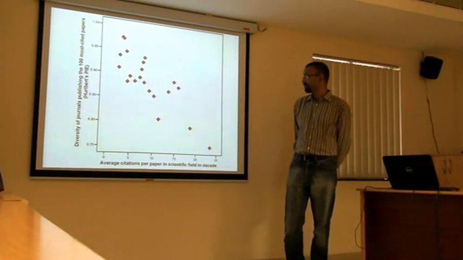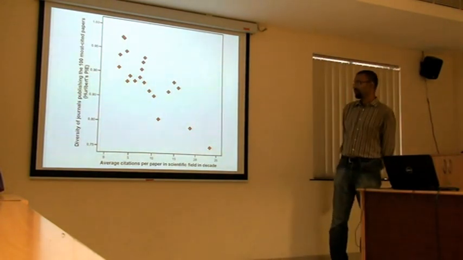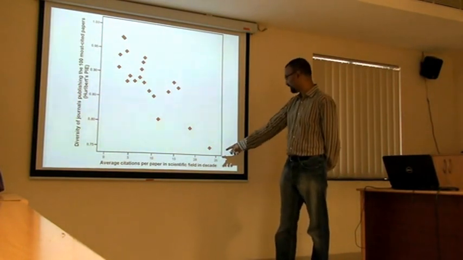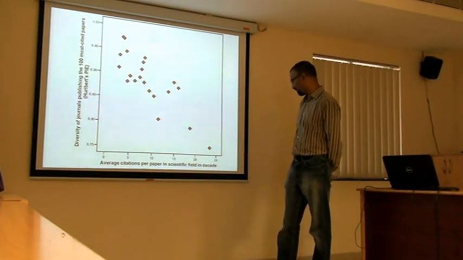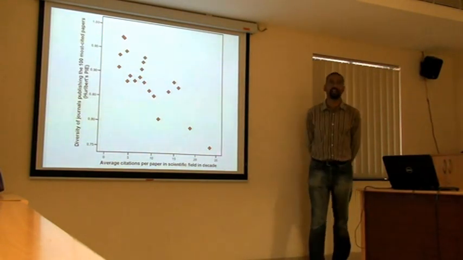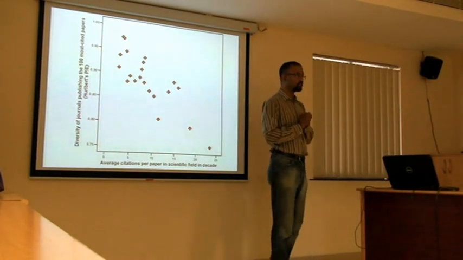Because the number of journals that are doing a very, very large number of citations is small. So for example, if you look at this one, it's about 23 or 24 citations per paper for that journal. And that's an outlier, right? So you clearly see this negative slope.